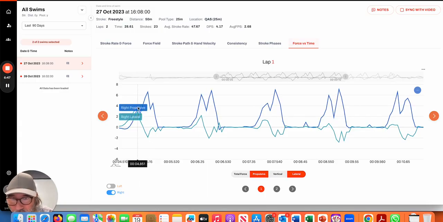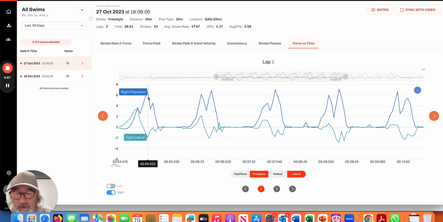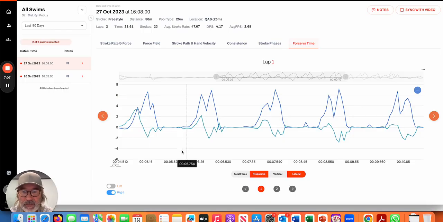And right at that point is where, in his breakout stroke, remember, this is his breakout stroke, that propulsive force drops down a bit, then it goes back up. And then look here, where it drops off here, that hand has gone back the other way. So you've got a hand rotation here and a hand rotation here. Now let's look at his first stroke. Exactly the same story here.